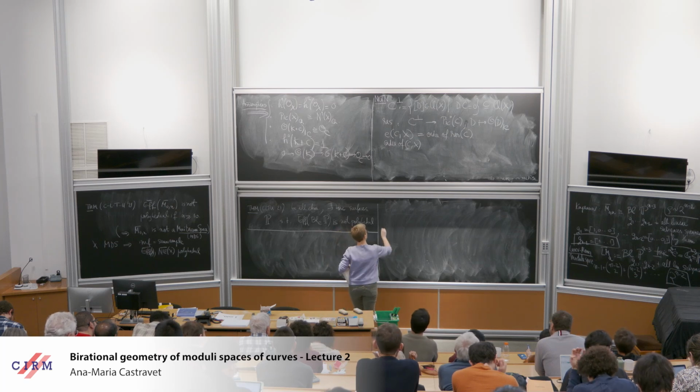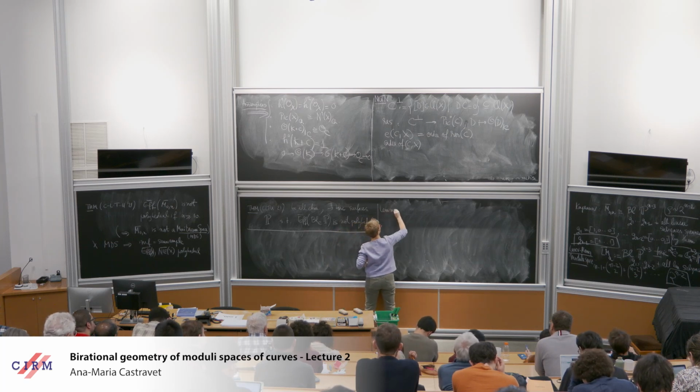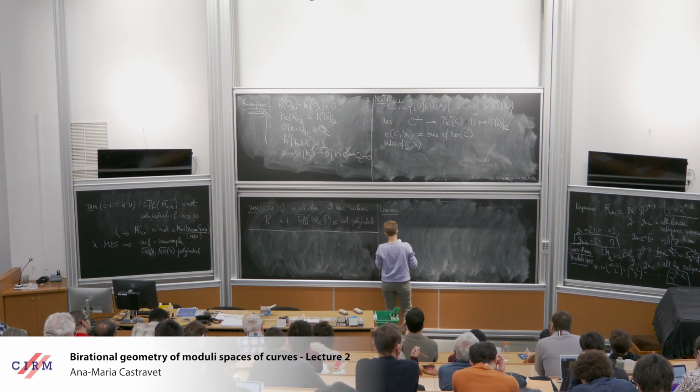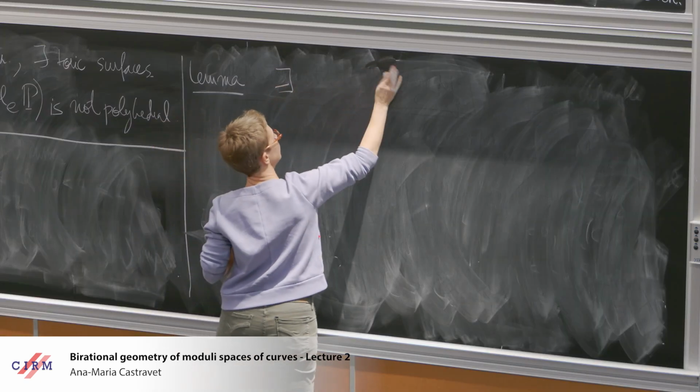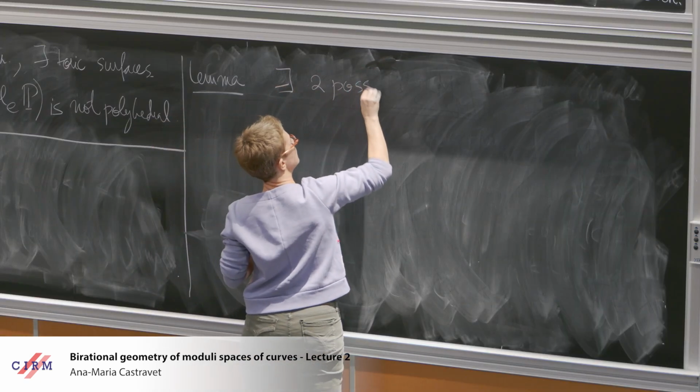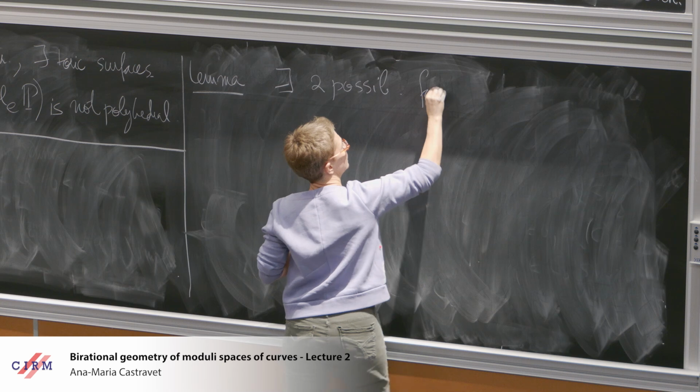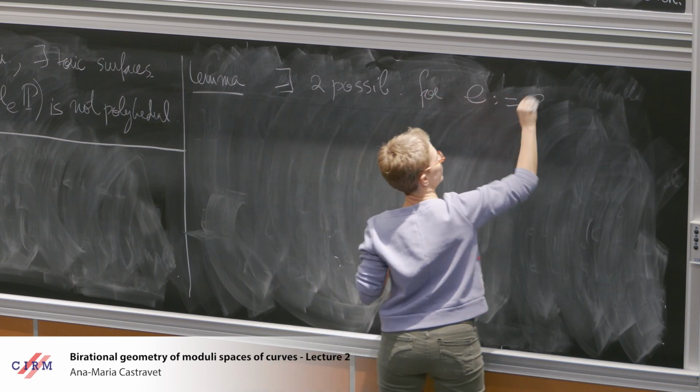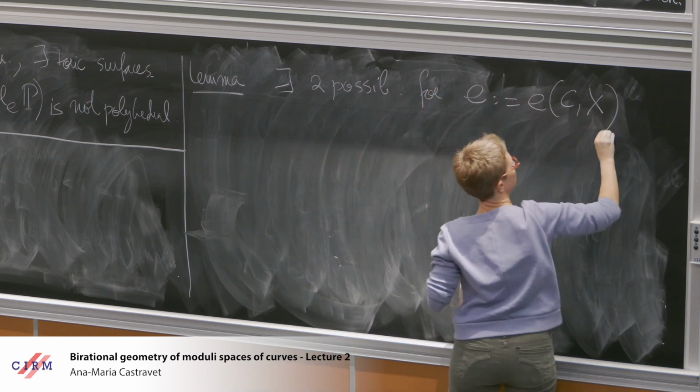Yes, I'm saying there's a simple lemma. It's that there are two possibilities. So let me call E the order of some elliptic pair.